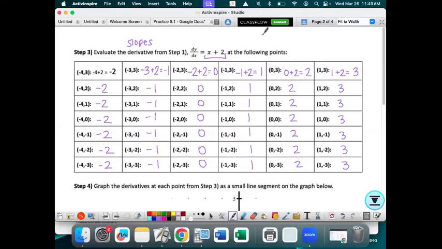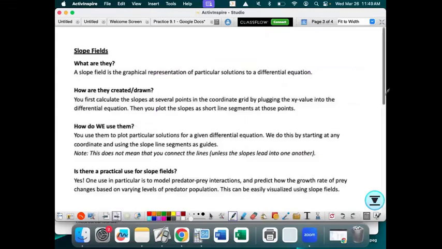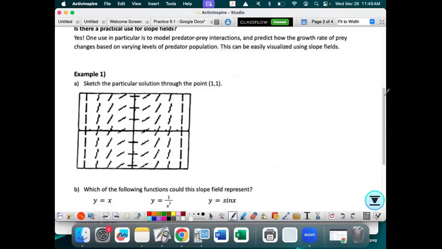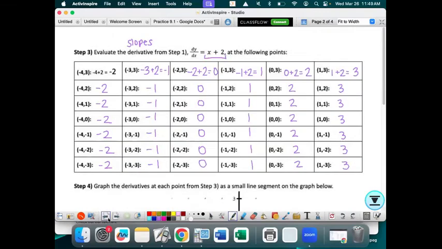Here we go. Okay, so now we are going to draw our first slope field. If you flip to the next page, that is what a slope field looks like. So at every single coordinate, we are going to draw a tiny little line with the value of the slope roughly drawn there. There are some slopes that you always want to start off with: your slopes of 0 and 1.